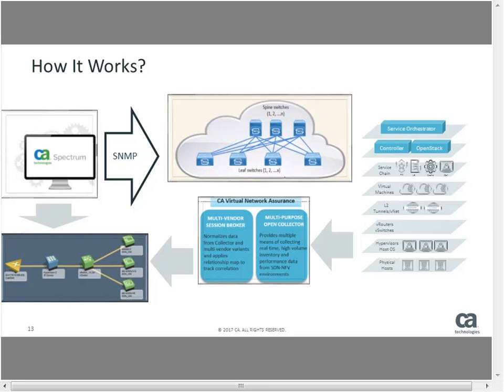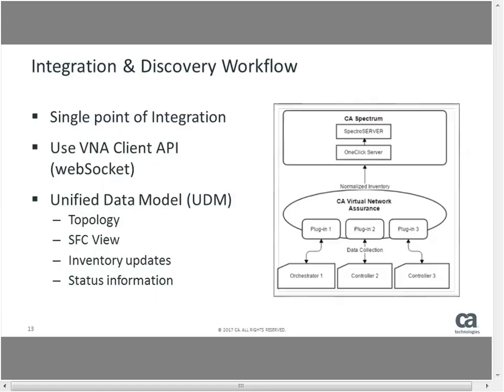And this is how the overall picture looks when it comes to how Spectrum is extending its capability to discover your SDN network. A typical workflow is you configure the SDN gateway into Spectrum, and your VNA, which is our SDN gateway in our case, talks to the controller, gets all this information, and normalizes that data in the form of a unified data model.